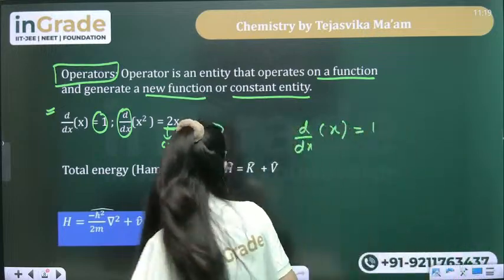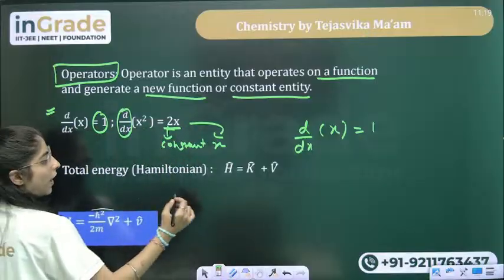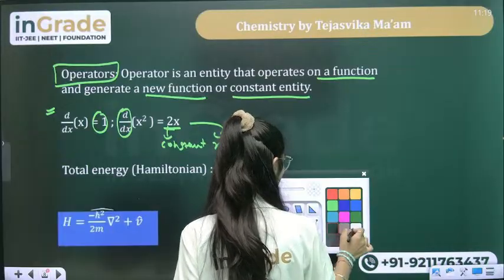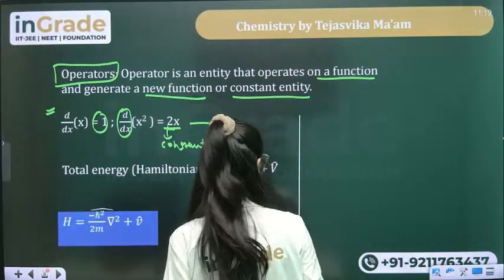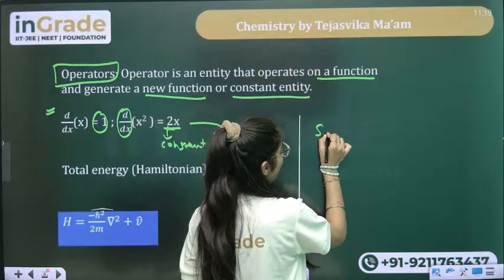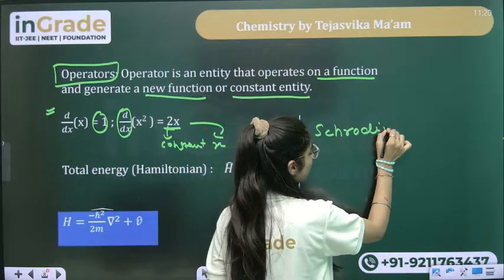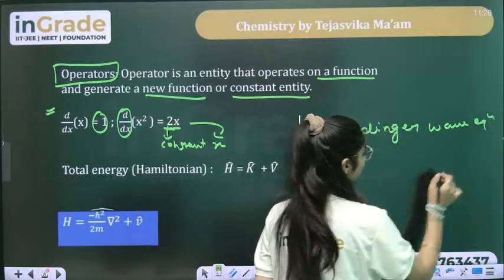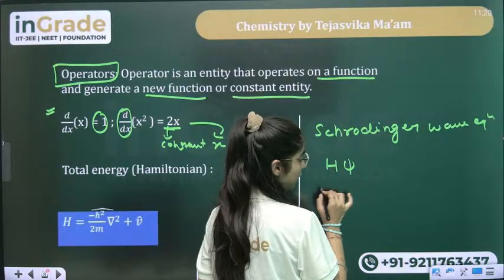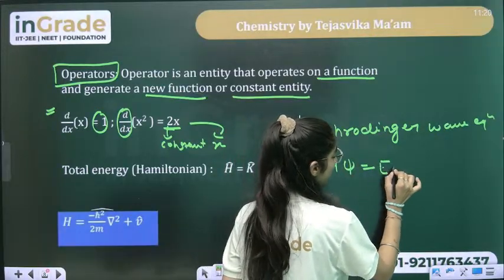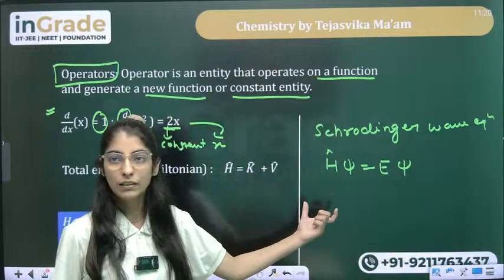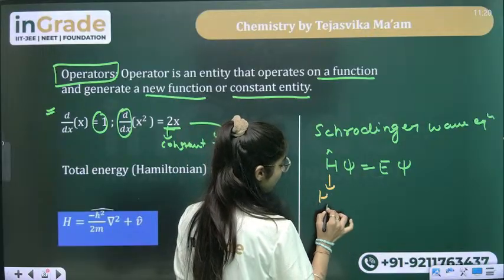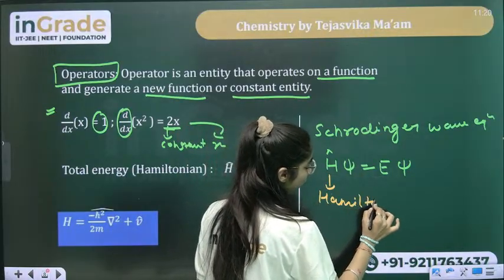Okay. So as you all know, I am writing the Schrodinger wave equation here. Just wait. As you all know, we have the Schrodinger wave equation that is simply represented by H psi equals E psi. So students, it simply says that H is your Hamiltonian operator.